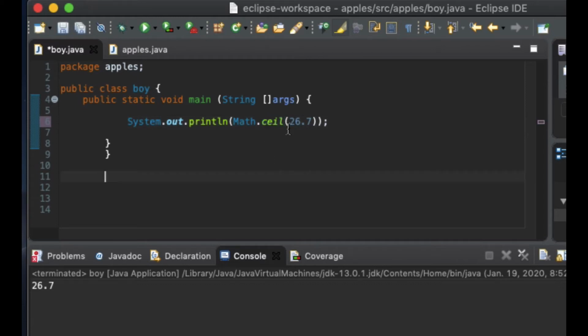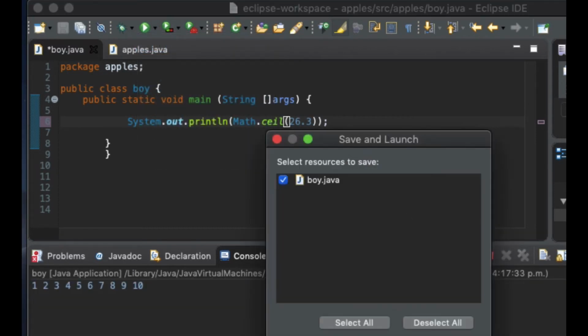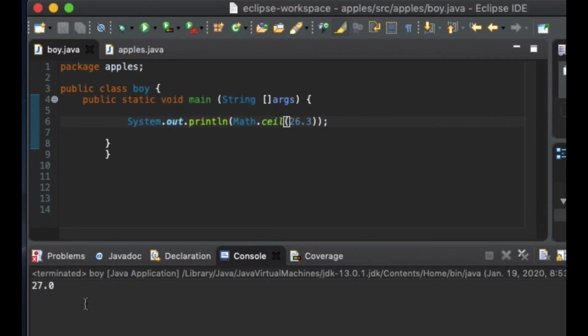Let's put 26.3 right here, because if it's 26.7 it's going to round to 27, but even if it's 26.3, below 0.5, it still rounds to the highest value, 27. Now you can see here 27.0. That's how ceil works. Ceil rounds to the highest possible number.